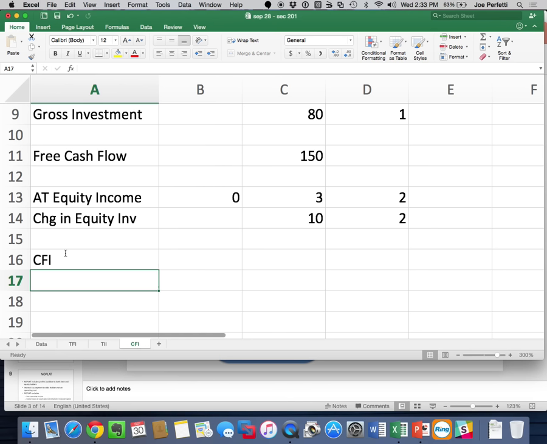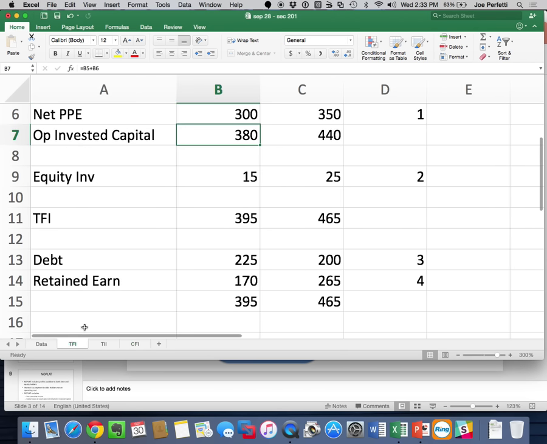So, after-tax equity income. If I make after-tax profit on my equity investments, does that add to the cash that I can pay out or does that take away? It adds to the cash that I can pay out. Everybody see that? If my equity investments go from 15 to 25, which means I bought more shares in another company, does that add or take away from the cash that I can pay out?